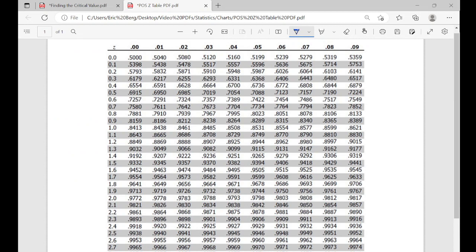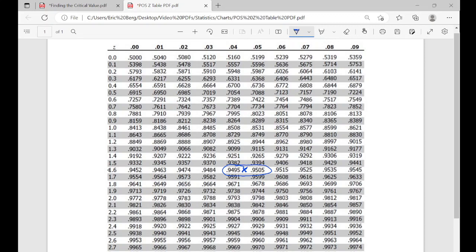So positive z-score table, and we're looking for the closest to 0.95, which is going to be right here. Now I've circled 2 because both of these values, 0.9495 and 0.9505, are the exact same distance from 0.95, which is right here in the middle.